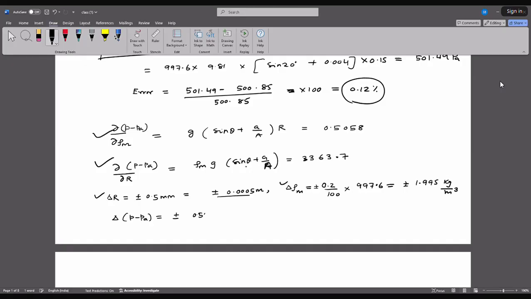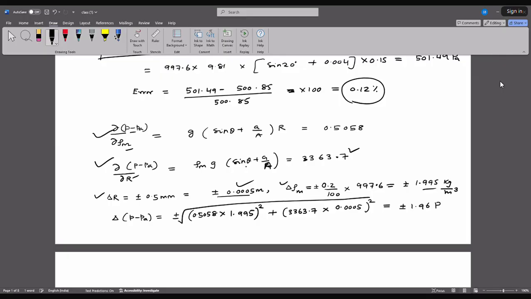So 0.5058 into the manometric liquid error, that is 1.995, squared, plus you have the gradient with respect to the manometer reading, 3363.7 into the corresponding error, 0.0005, squared, square root, and that will come out to be 1.96.